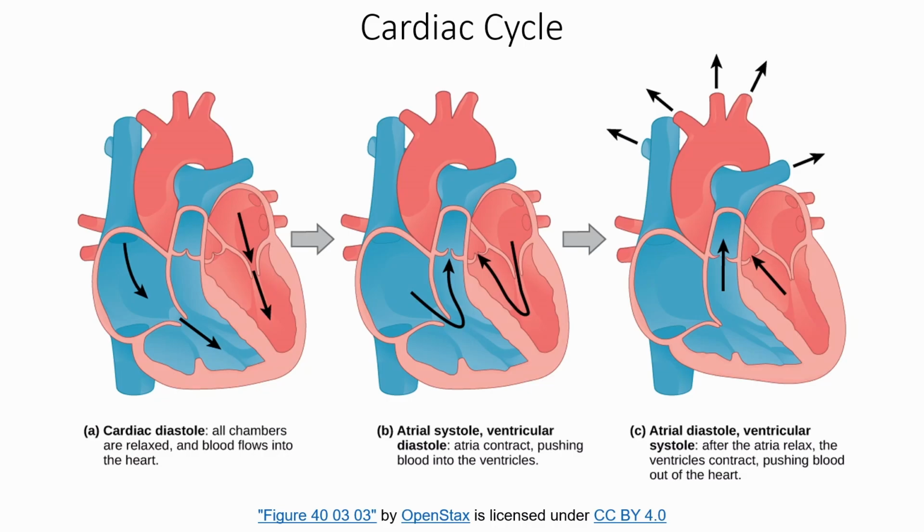This is going to force the blood from the atria into the ventricles. And then atrial diastole and ventricular systole, that's when now the ventricles contract and the atria relax. So because of that, the ventricles contract, they push blood out into their respective blood vessels, like the pulmonary trunk or the aorta, to go out to the lungs and the rest of the body.